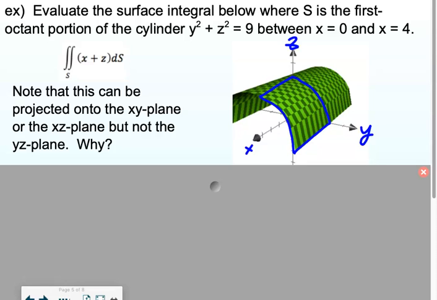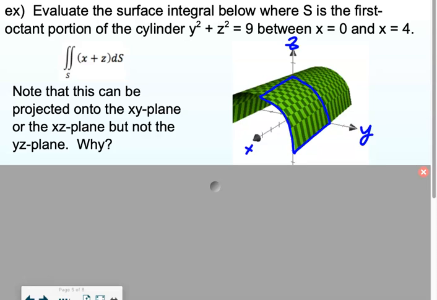So note that this can be projected onto the XY plane or the XZ plane, but not the YZ plane. Why can't it be projected onto the YZ plane? Exactly. You just end up with nothing but a line, right? That's that 3D spatial reasoning skill.